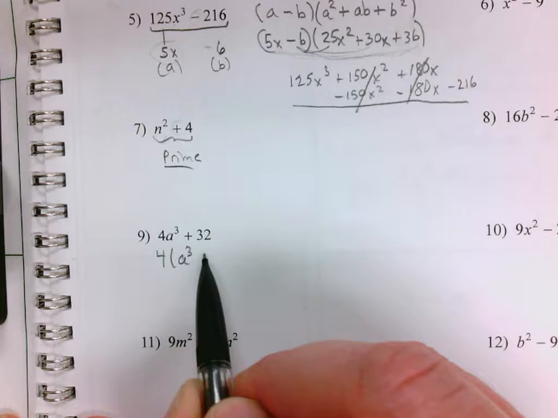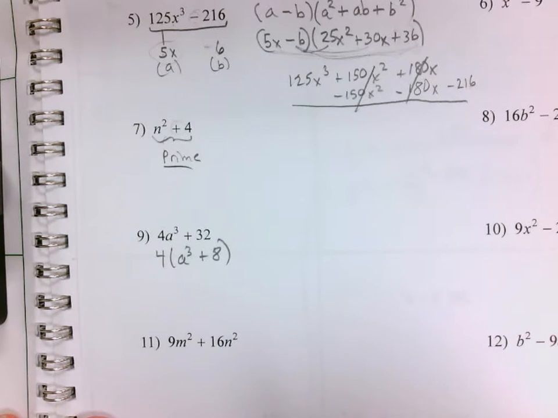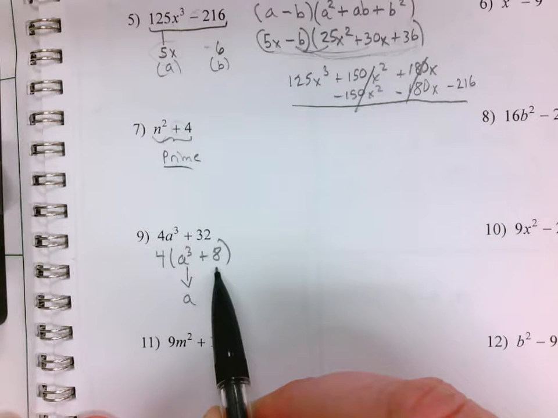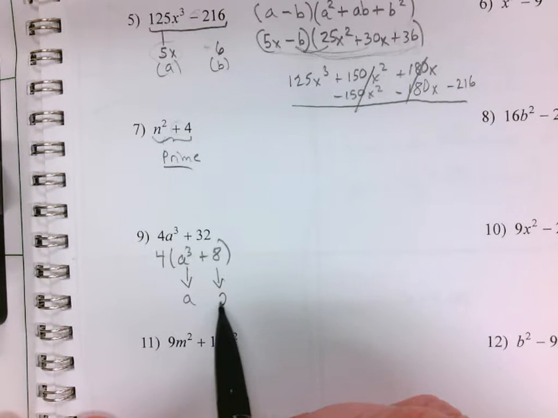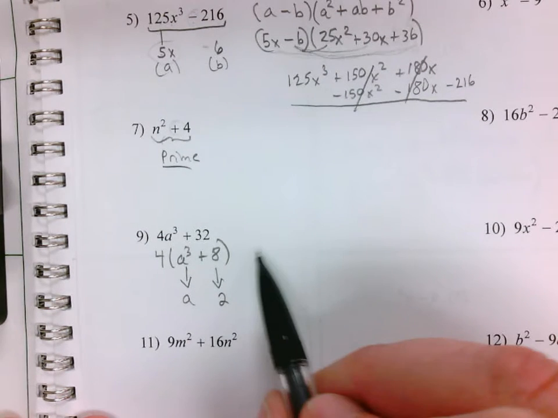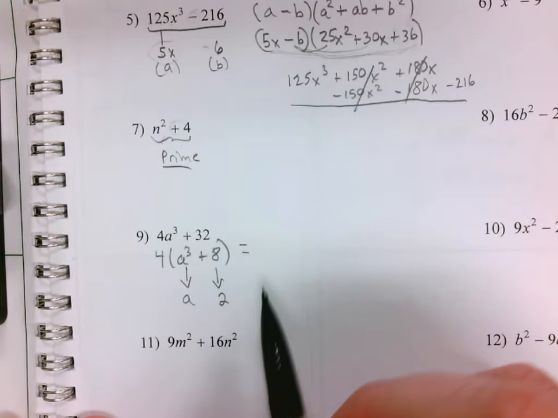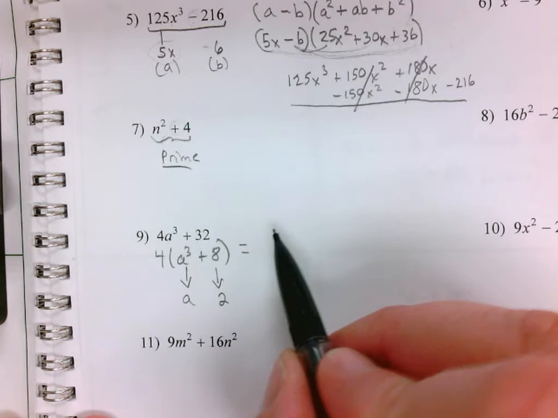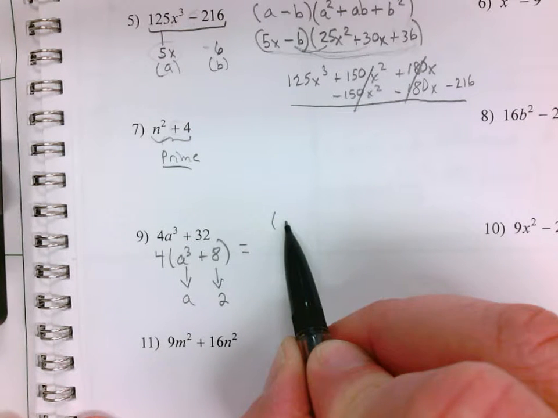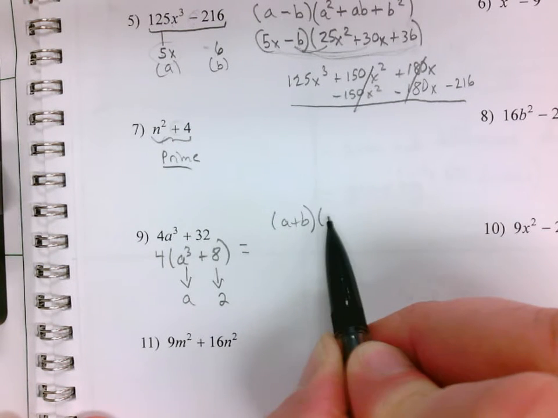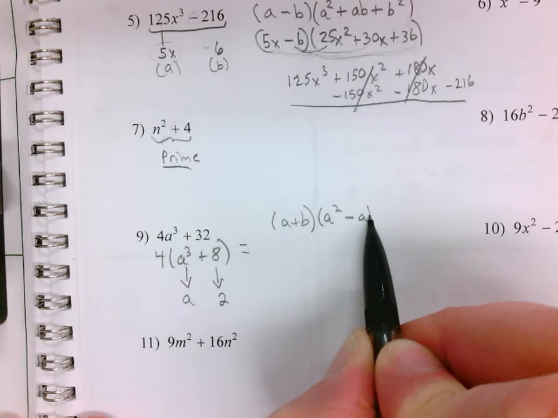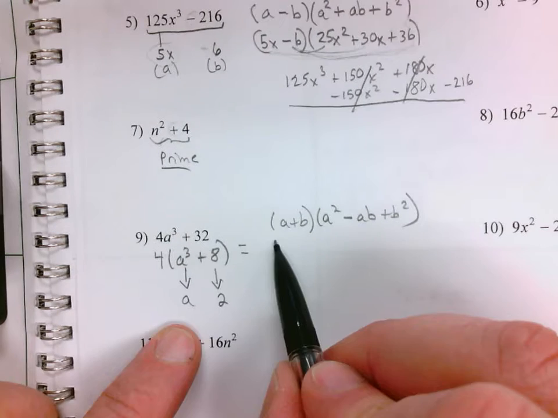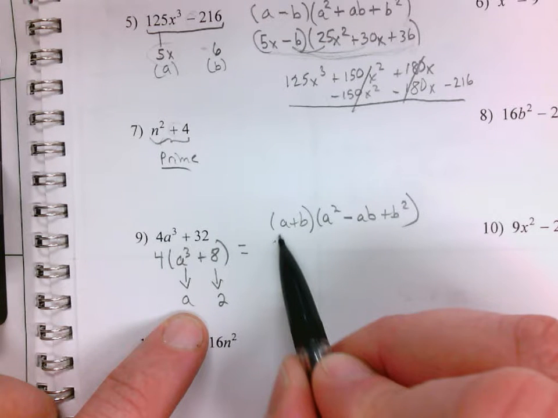Now I do have a perfect cube, which is A, and a perfect cube, which is 2. So I'm going to follow my rule for addition. We just did the rule for subtraction. The rule for addition is A plus B, A squared minus AB plus B squared. So this time my A is actually an A. Don't forget the 4 with your answer.